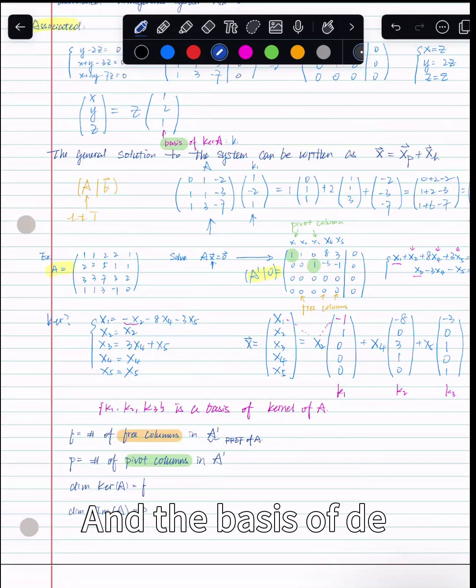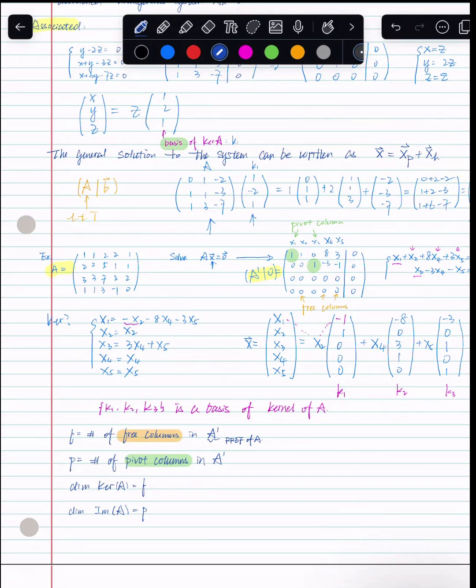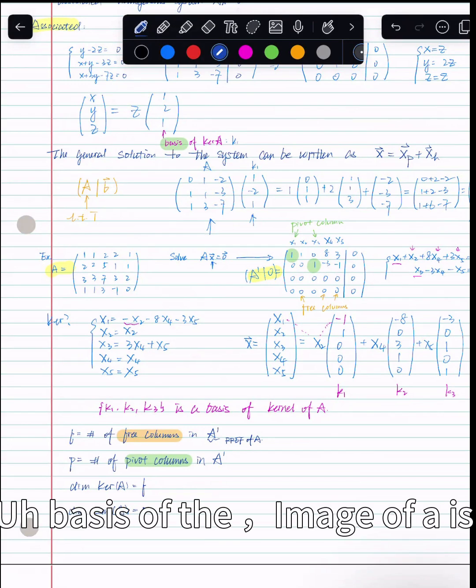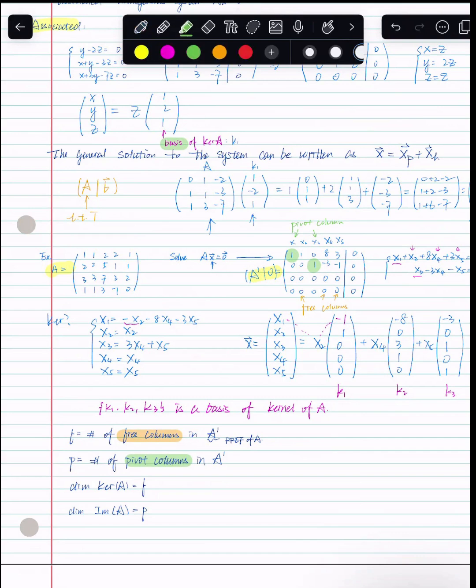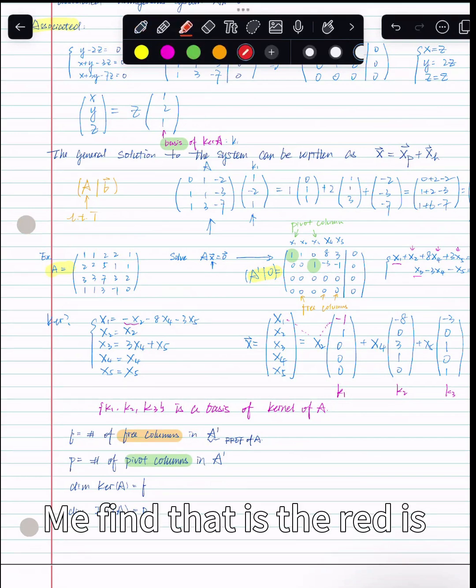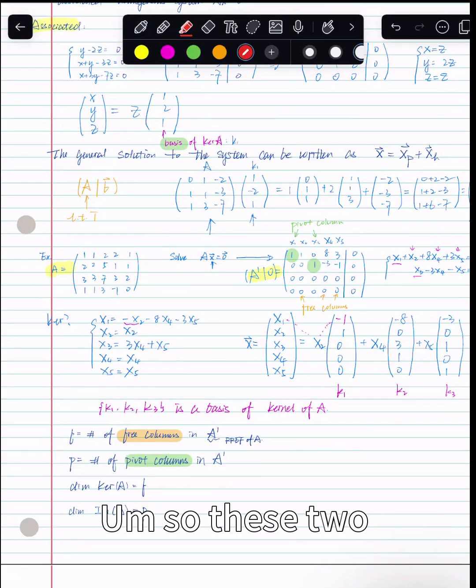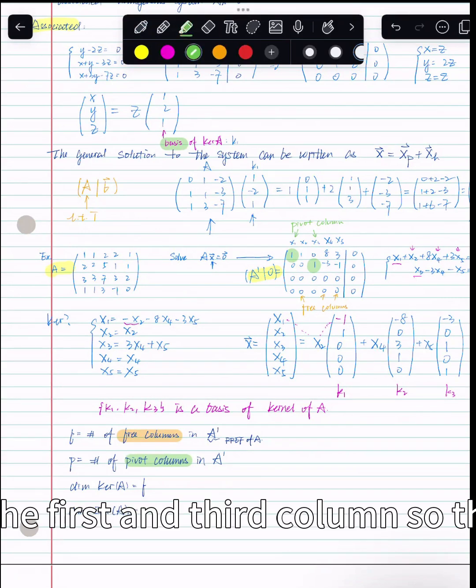And the basis of the image of A is, let me find, the red ones. So these two pivot columns correspond to the first and third column. So these two are the basis of the image of A.